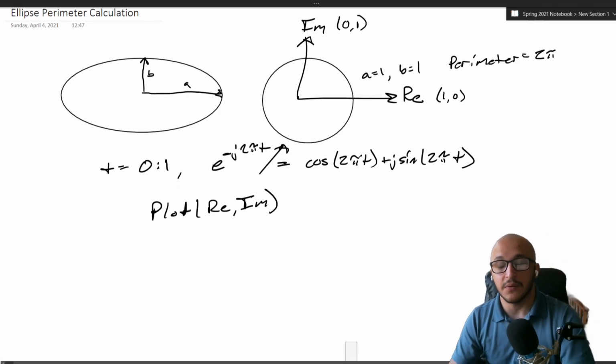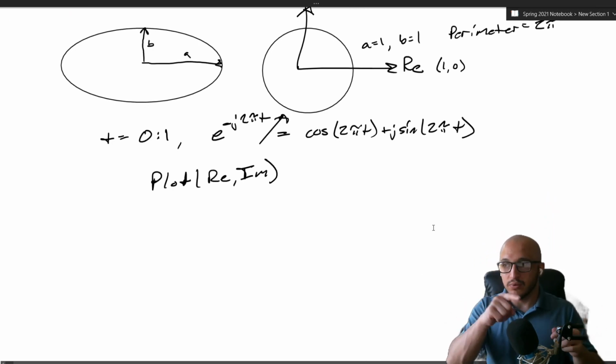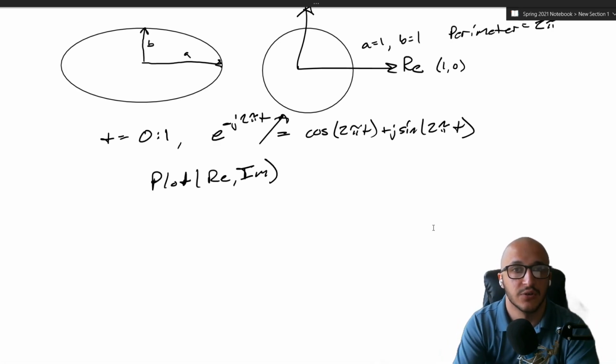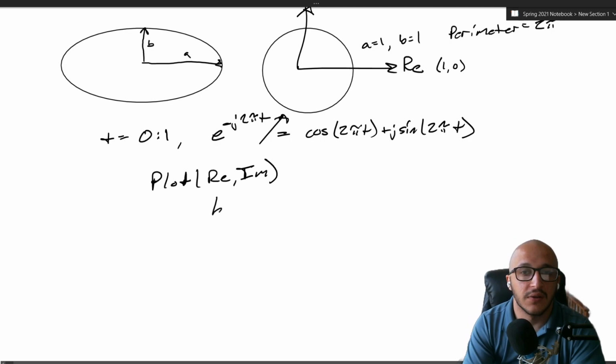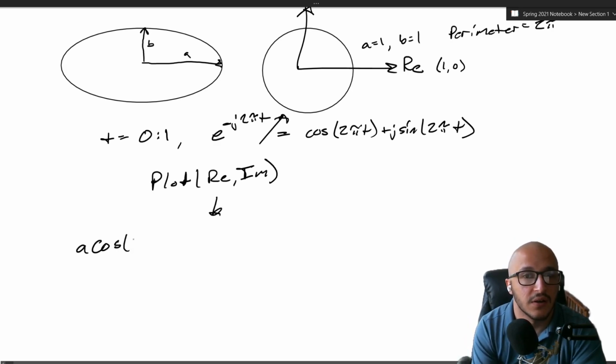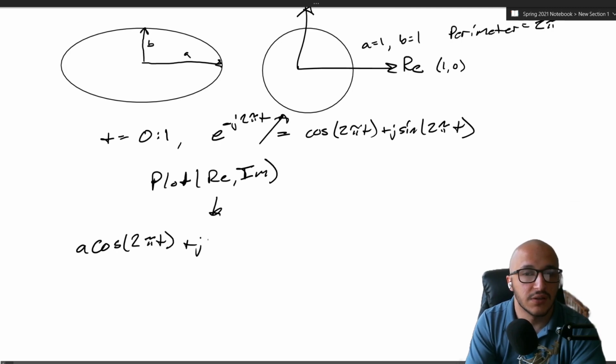So by knowing that, we can actually plot an ellipse based on that. You can write it a different way by saying a times cosine of 2 pi t plus j times b sine 2 pi t.